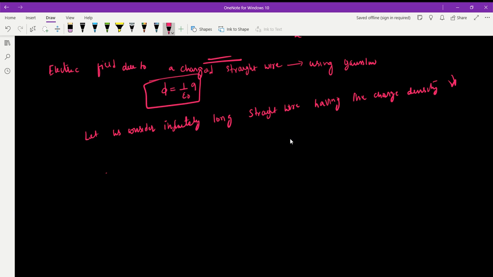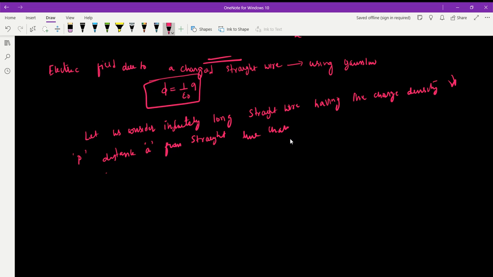Let us consider a point P which is at a distance a from the straight line charge.